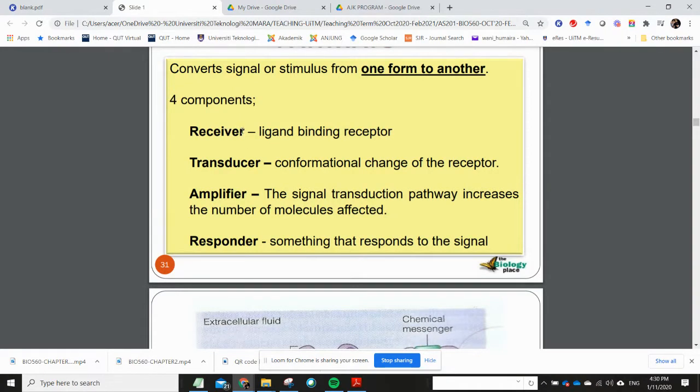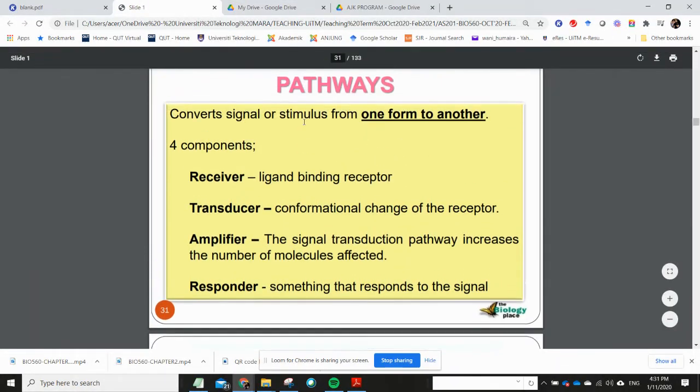The receiver part is where the ligand binds to the receptor. The transducer part is where the conformational change happens. After this binding, it will change its conformation. And then the amplifier is the signal transduction pathway, where it converts a substance to another form, and then it converts to another form.